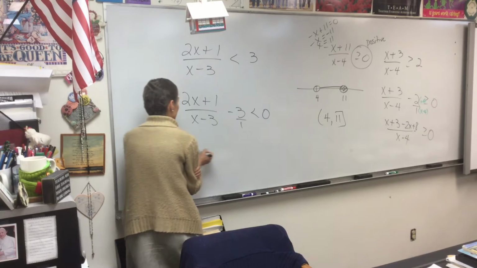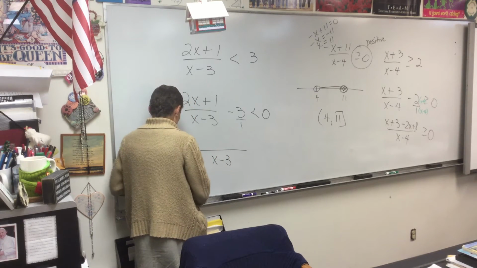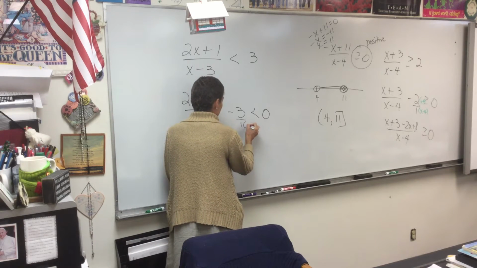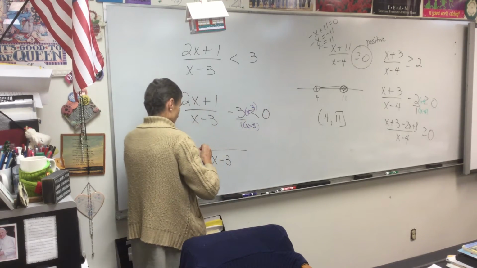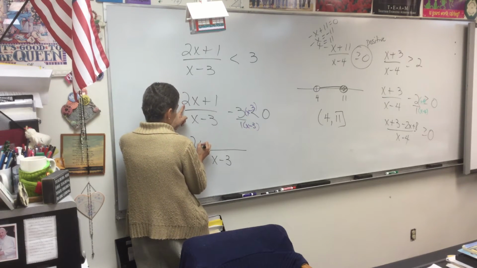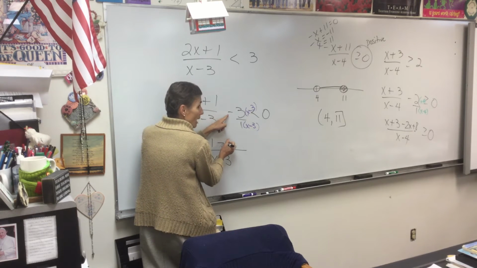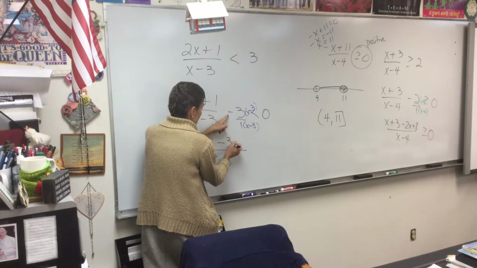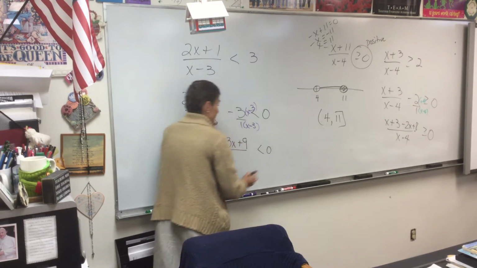Yeah. So what's our next step? Common denominator, which is going to be x minus 3. So this one is going to get times by x minus 3. So what's my numerator? 2x plus 1 minus 3x plus 9.